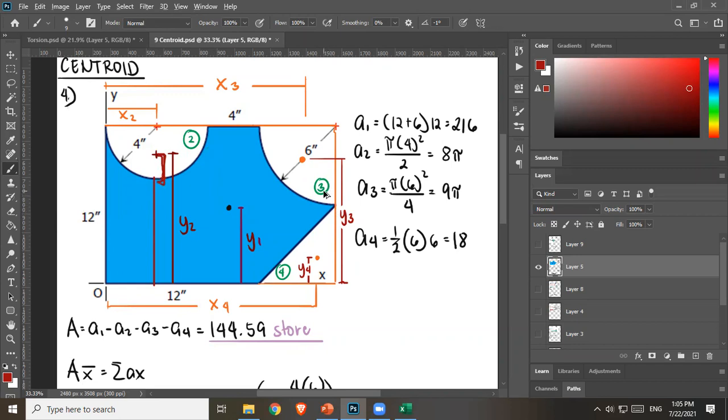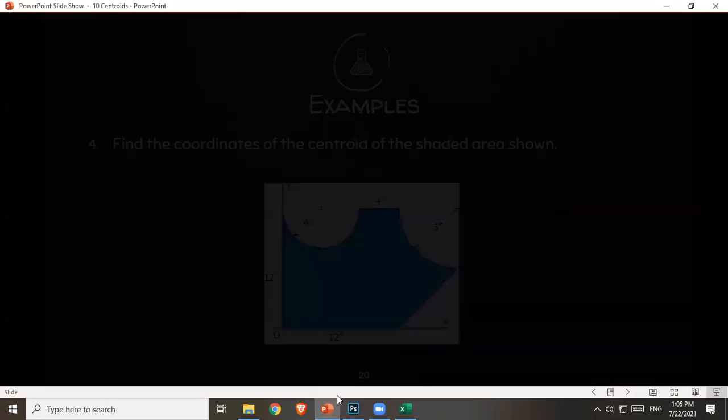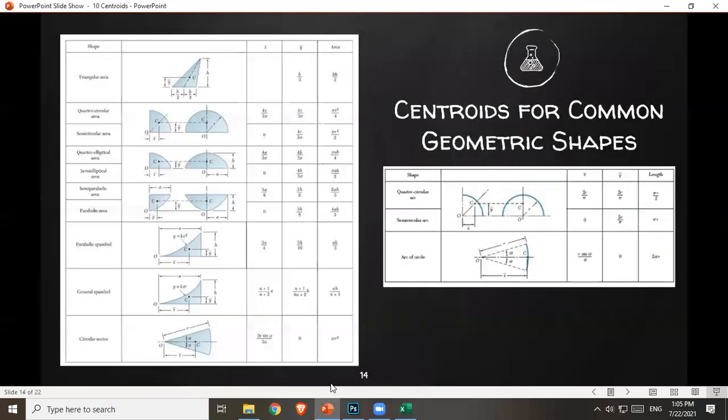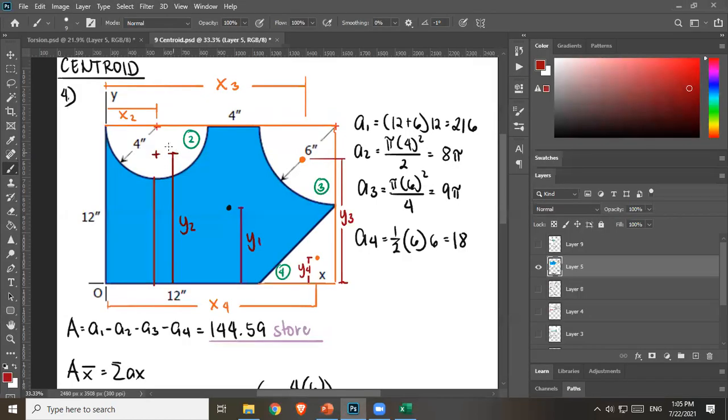Now let's check, do we have that? Let's check in our table of equations. Again, it's a semicircle. No, what we're given is from the centroid to its base. And that has the equation of 4r over 3 pi. So I can't do that. I only know this distance. So instead, I'm going to take this total length 12 and then subtract this to get the distance from centroid.